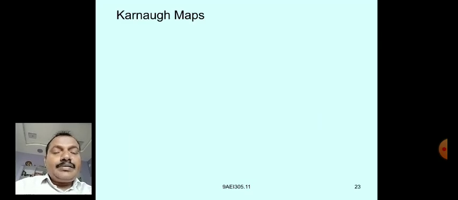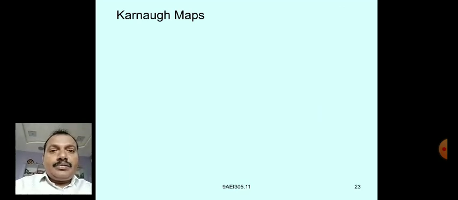Okay, with this I conclude my lesson. We have learnt SOP and POS forms of expressions, writing those expressions using truth table in both the ways and implementing with the basic gates and universal gates. Thank you.